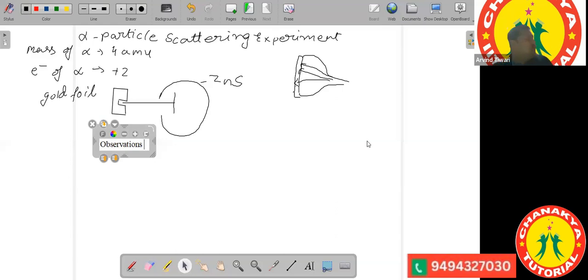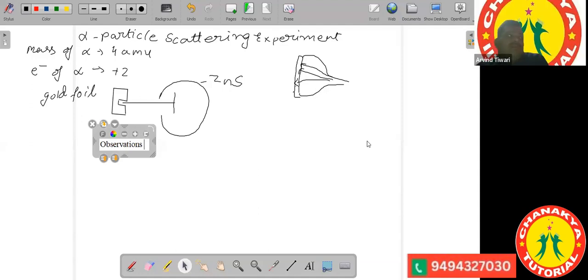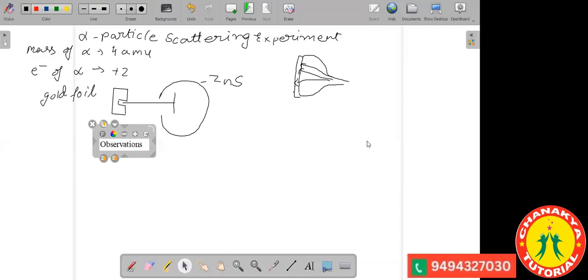Rikshit? Yes, sir. So what were the observations of the alpha particle experiment? Sir, the observations were that most of the alpha particles passed through the gold foil completely, but some were deflected, like by 180 degrees.